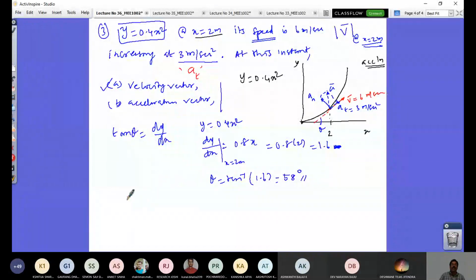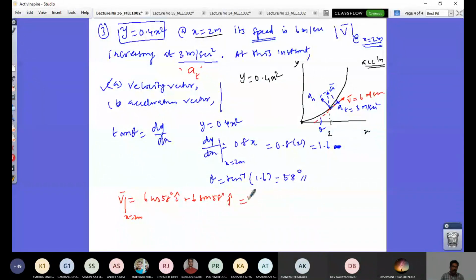Given. So I can write my velocity vector at x equal to 2 meters as 6 cos 58 degrees i plus 6 sine 58 degrees j.